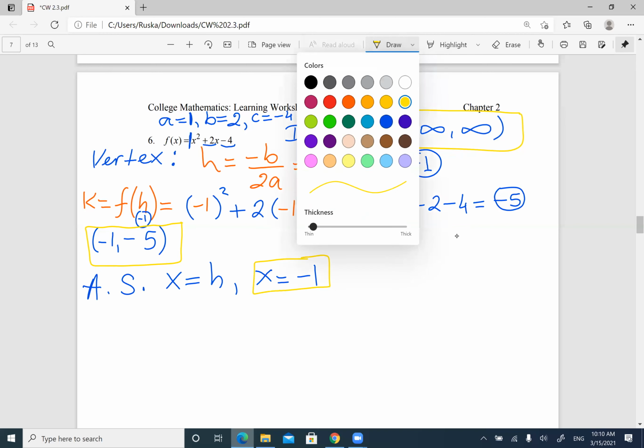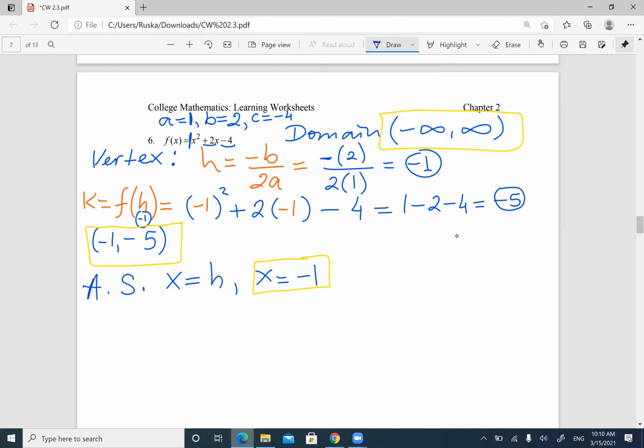Okay, then you find the x-intercept and the y-intercept the same way. Finding the x-intercept first means solving the equation x squared plus 2x minus 4 equals 0.